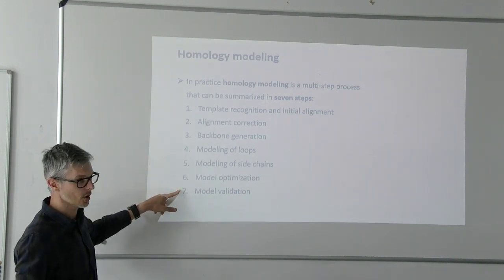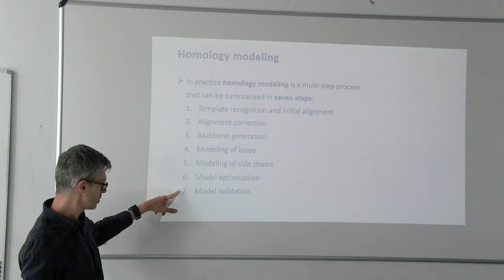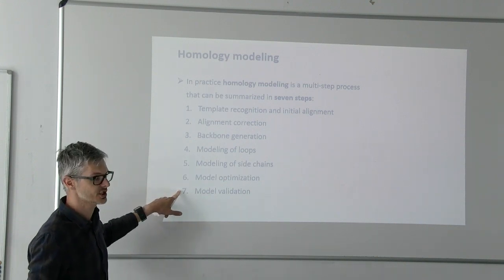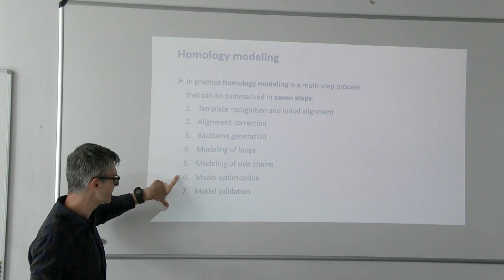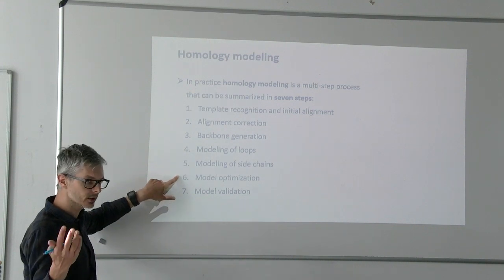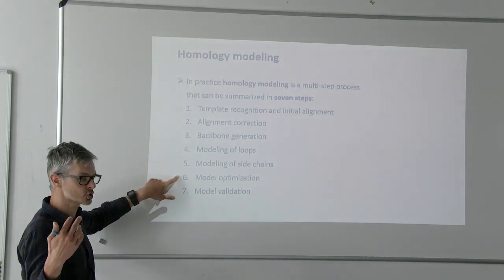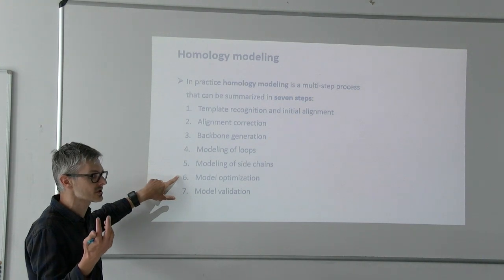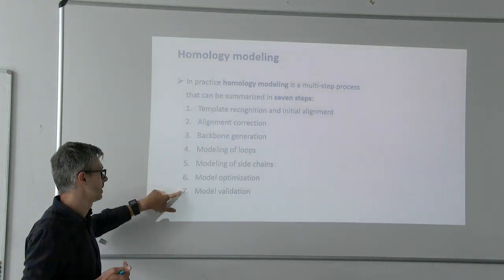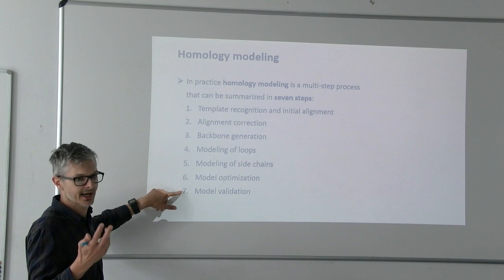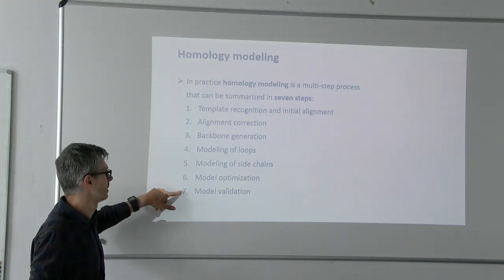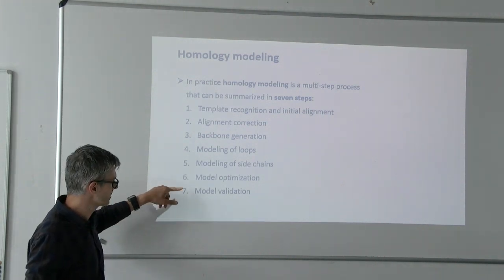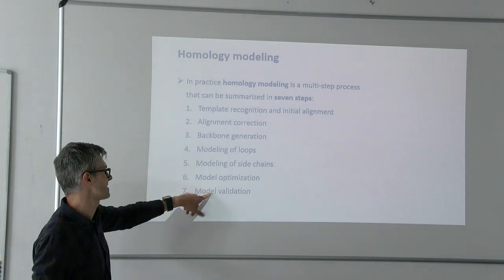And of course, this is also very important: what you have to do again is the model validation. As a result here, if you generate, let's say, 10 models, you can already get certain scores, which will tell you which models are reliable and which are not. But again, in the chapter on structure quality and validation, there are some tools that you can use to have a look at this.